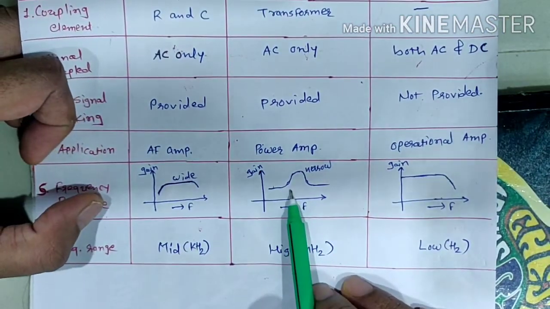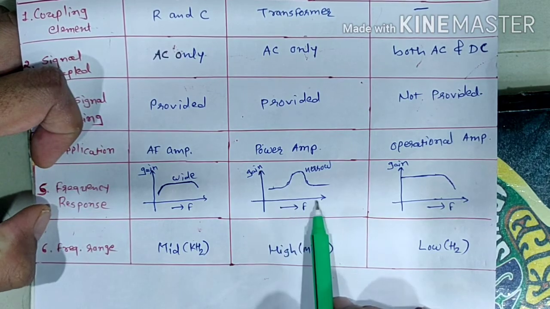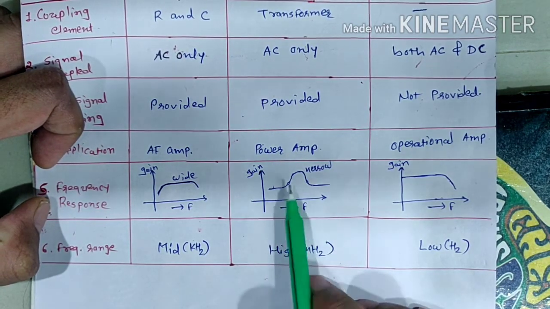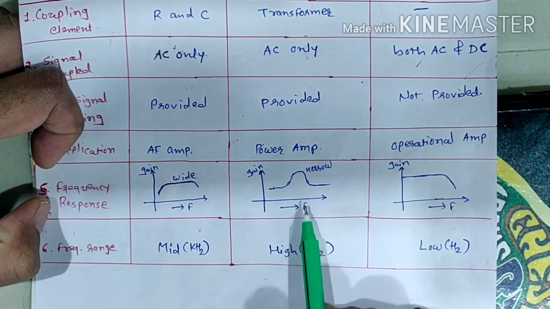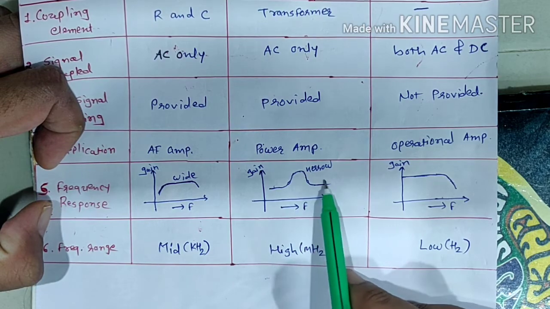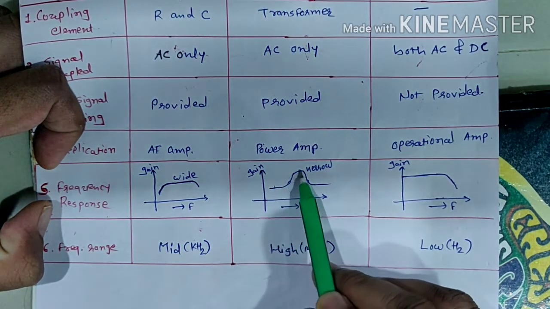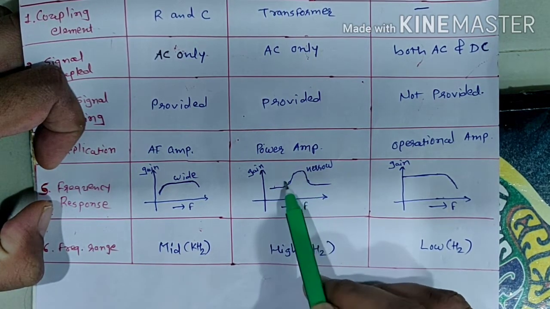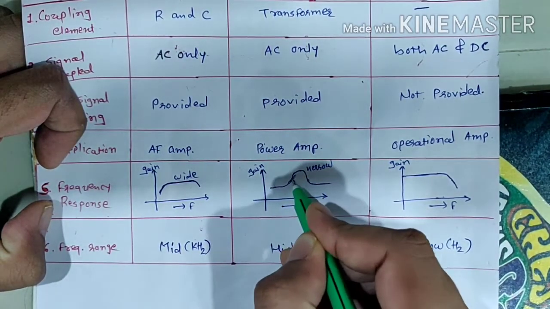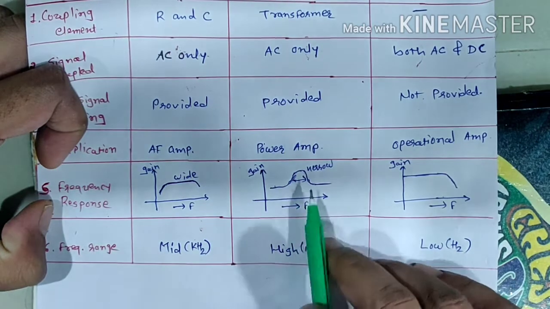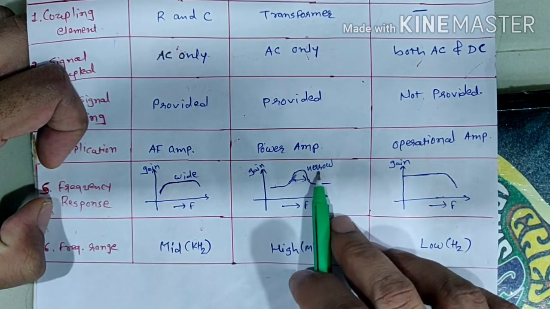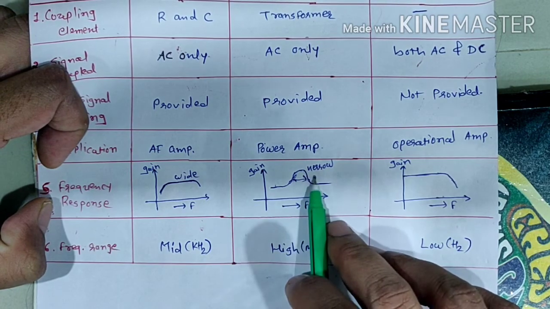If we use transformer coupling, then the frequency response is such that the frequency versus gain graph has a peak. It will provide a narrow band, meaning a lower band is supported by the transformer. So the bandwidth is narrow but the impedance matching is perfect.